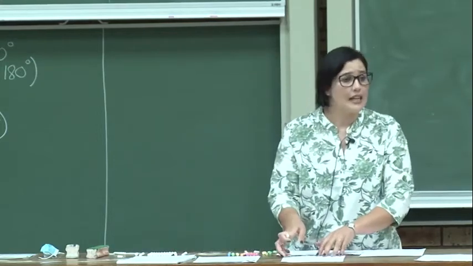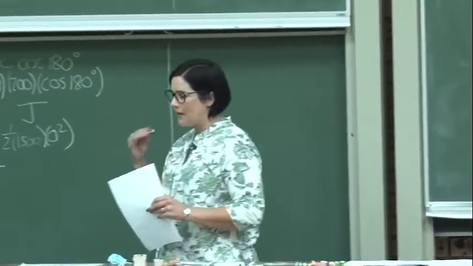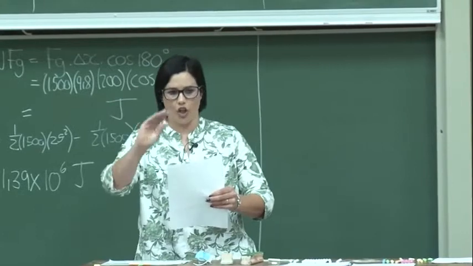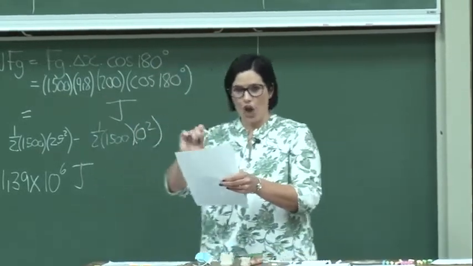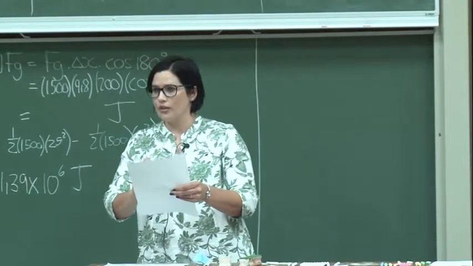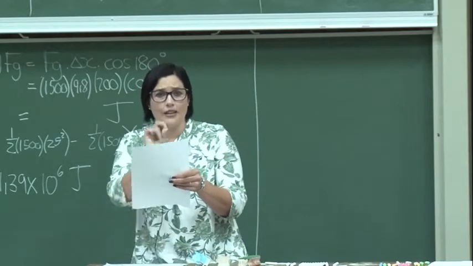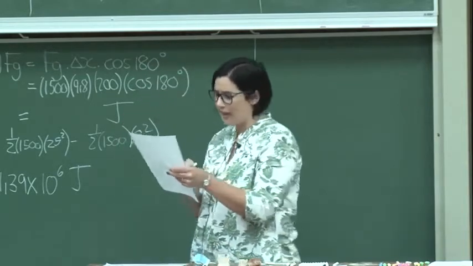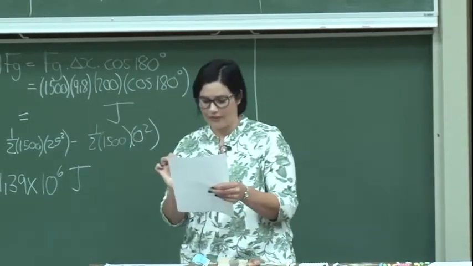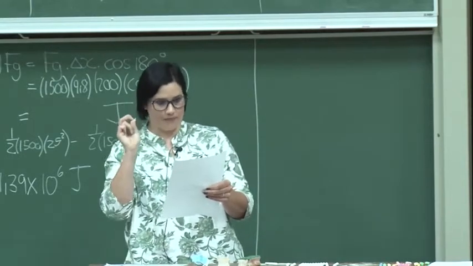A 70 kilogram box is initially at rest. Immediately you know what? Initial velocity is 0. You make a note because you are busy analyzing the question. So you're making notes on your question paper. You're writing there, V initial is 0. At the bottom of a rough plane, I'm thinking friction.